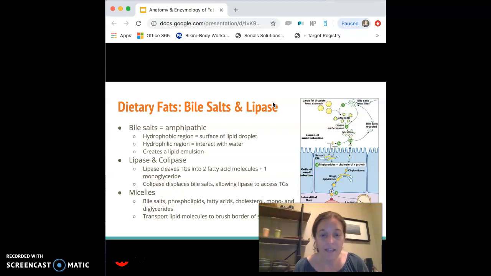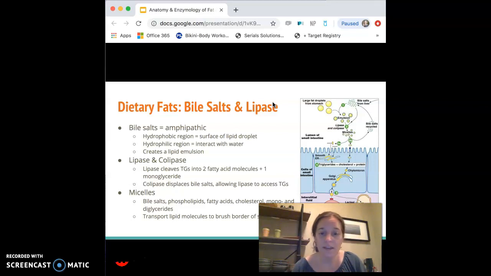Pancreatic lipase, as the name implies, is released by the pancreas, and it works to cleave the triglycerides into 2 fatty acid molecules and 1 monoglyceride. Colipase is also an important piece here because, as you can imagine, in this emulsion of bile salts with the triglycerides, there's not a lot of space for the lipase to work.